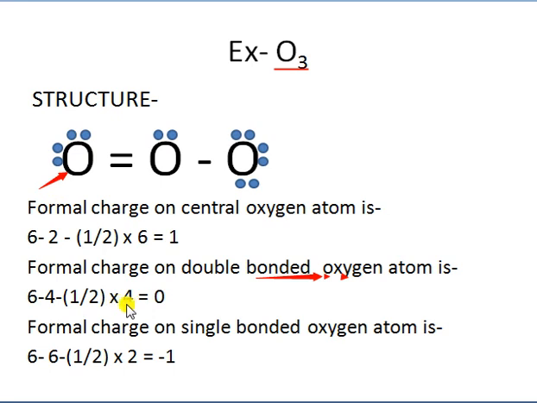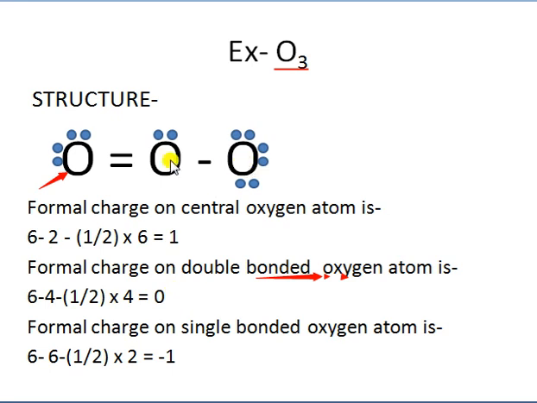Minus half into 4, that 4 is the bonded electrons with the second oxygen atom. Here the double bond is created between the oxygen atoms, and the number of electrons participating in the double bond is 4. So that's why I am writing the 4, equals 0. That means for the oxygen which contains the double bond, the formal charge is 0.